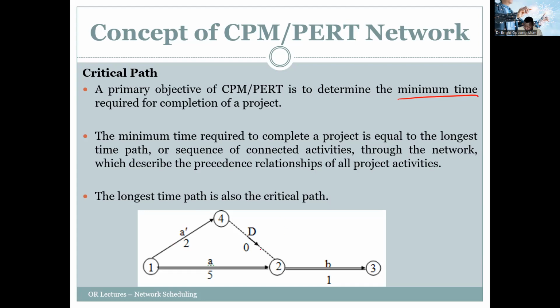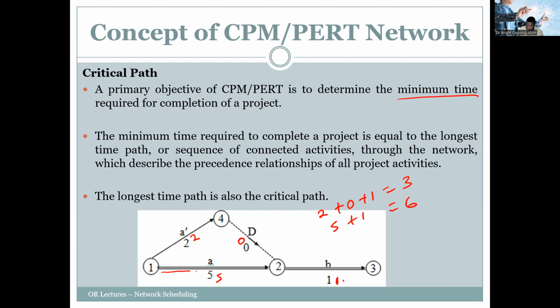So here, for us to determine the critical paths, if you add 2 plus 0 plus 1, we have 3. If we have 5 and 1, then it will be 5 plus 1, and that is 6.